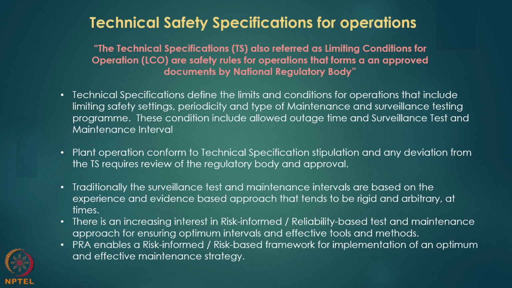And if these criteria are violated, then it becomes a case that we have to approach the regulator. So you can understand there is always a third party or oversight available, which is monitoring the plant operation.